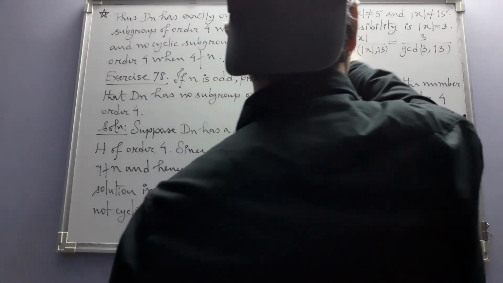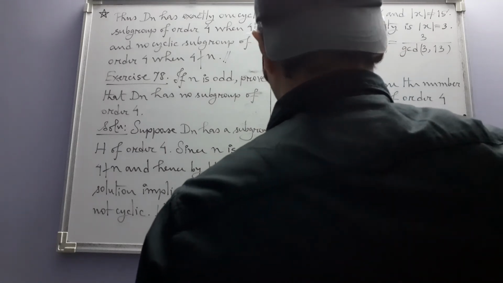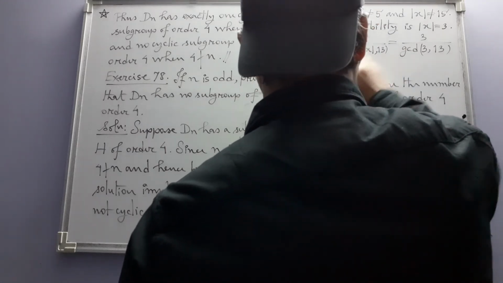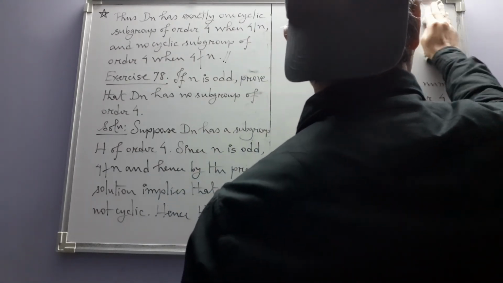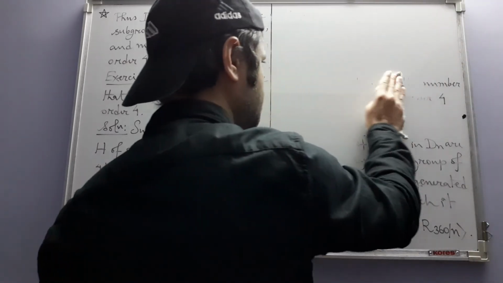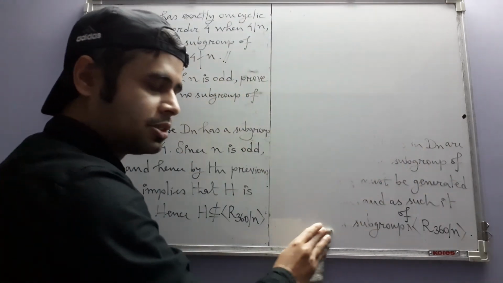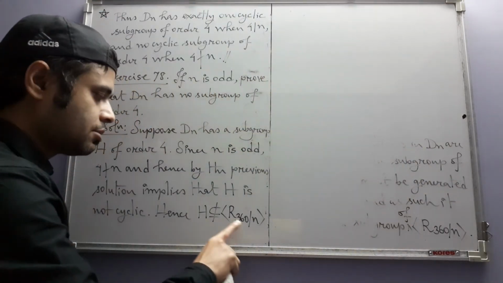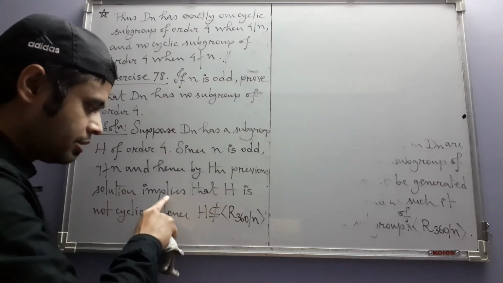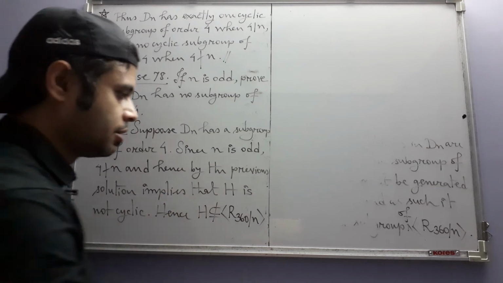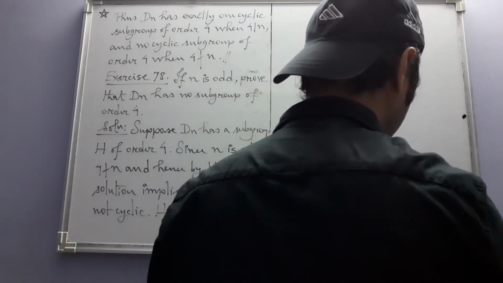But why is H not a subset of this cyclic group? That also comes from the fundamental theorem of cyclic groups, because we know that every subgroup of a cyclic group is cyclic. So if H is contained in this, H should be cyclic. However, we have concluded just now that H is not cyclic. So H cannot be entirely contained in that cyclic group of all rotations.